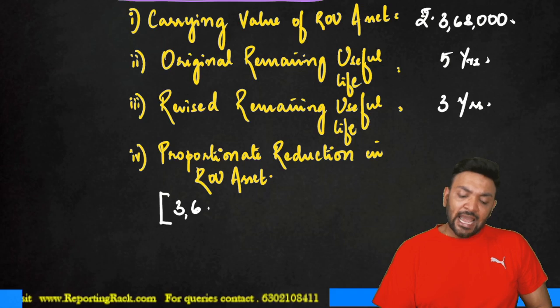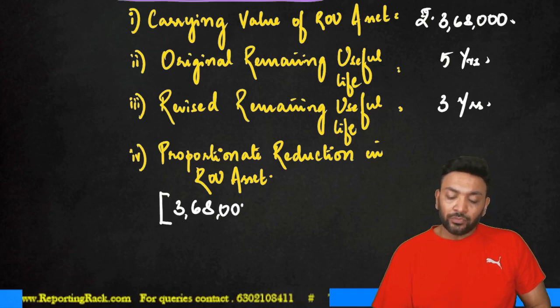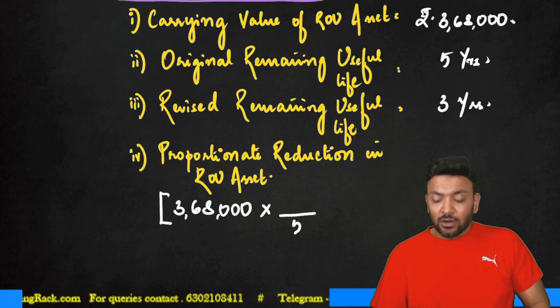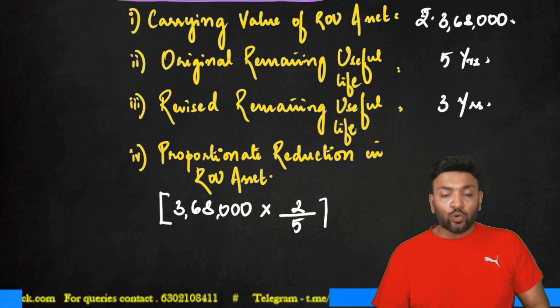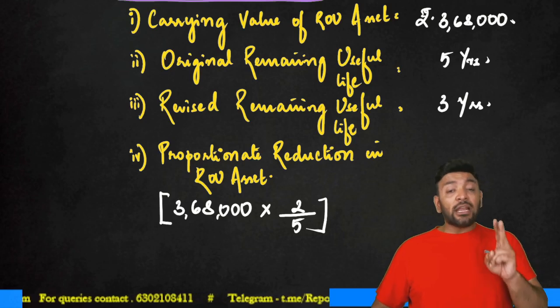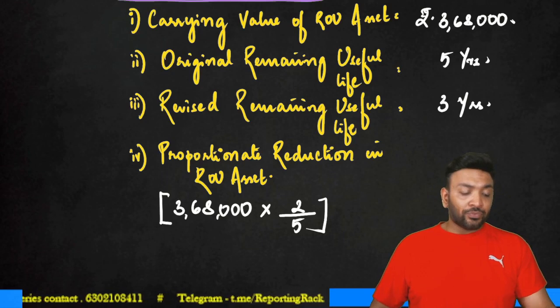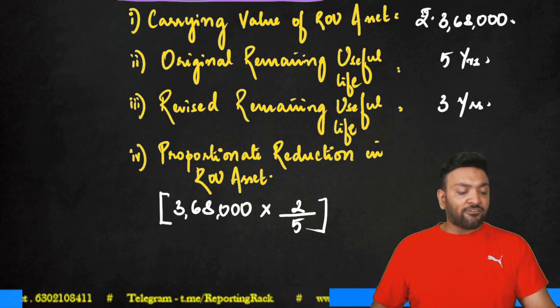It was 3,68,000. Earlier I assessed this for 5 years, but today I am reducing it for only 2 years, assuming that there is another 3 years to run. Calculate 3,68,000 into 2 by 5.